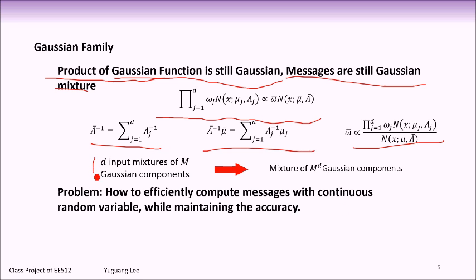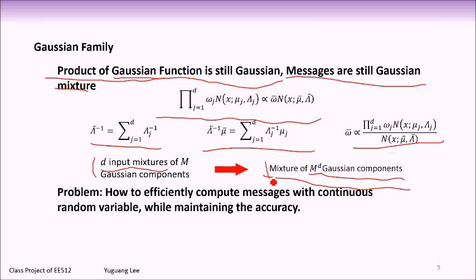here comes a problem. If we have input mixtures, and each mixture is composed of m Gaussian components, you can think of them as different terms, where each term is a summation of Gaussians. When they multiply each other together, what we have in the product term is m to the power d Gaussian components.